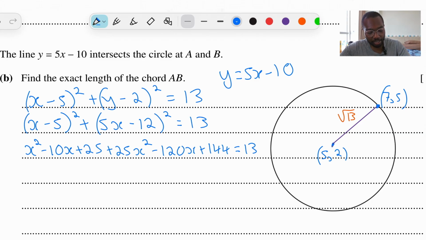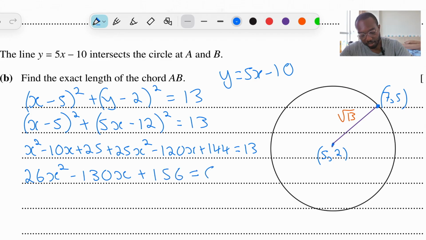Now we group all values together, so we get 26x squared, then minus 10x minus 120x, that's minus 130x. Then we have 25 plus 144, which is 169. We also have that 13, so I'm going to bring it to the other side, so it's 169 minus 13, that's a positive 156, and that is equal to 0.